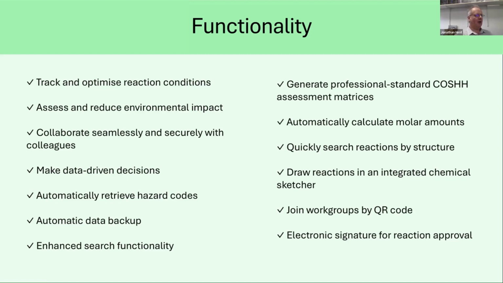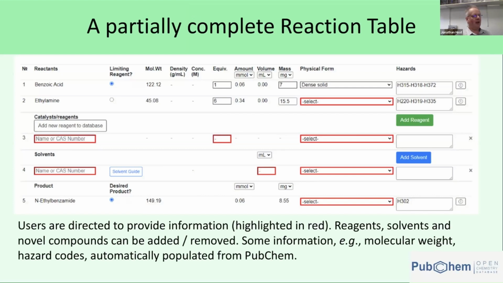We've also responded to user feedback, so things like electronic signature for reaction approval facilitates a move to a paperless lab environment. So as you might imagine, the chemist sketches in the reaction they're thinking about doing.